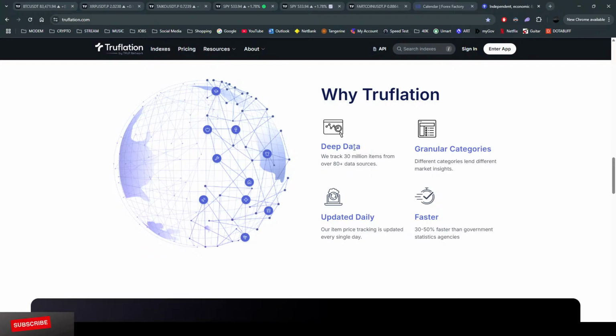Why Trueflation? Deep data. We track 30 million items from over 80 data sources. That's a lot. Granular categories. They probably do a better job at tracking inflation than the Bureau of Labor Statistics, the BLS, because this gives you a live view of metrics, whereas the BLS puts one out that looks back on the month that was, and it's kind of curated.